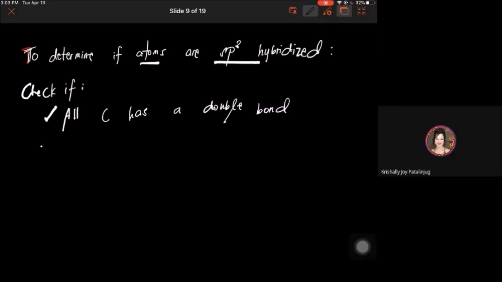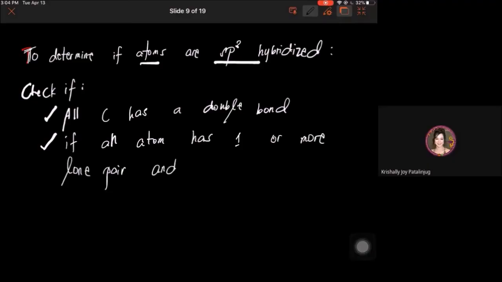Or, an atom is also sp2 hybridized if it has one or more lone pairs, and that atom is attached to an sp2 hybridized atom.